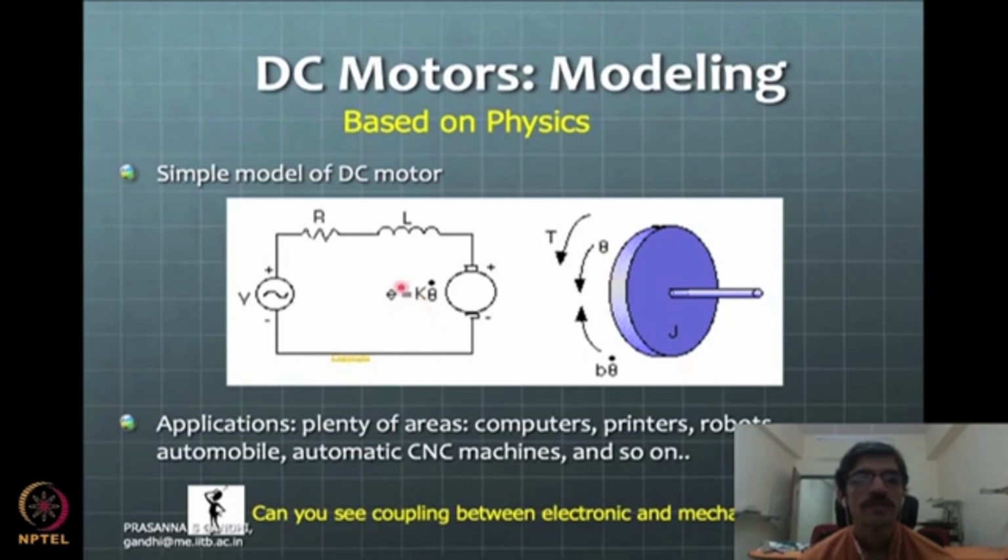These are the two areas of coupling. Coupling from mechanical to electrical is through this back EMF, and coupling from electrical to mechanical is through the torque that is getting applied, which is proportional to the current I flowing in the motor.